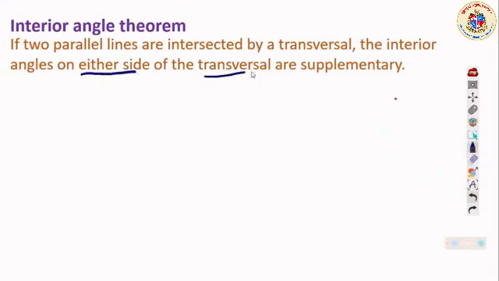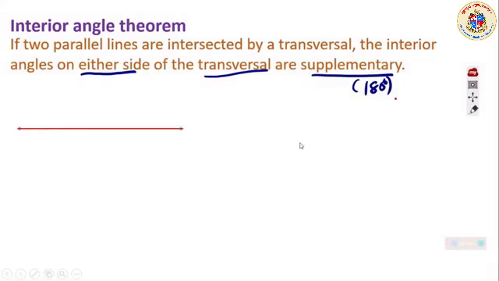Most important theorem, without which it was difficult to move ahead with the properties of parallel line and transversal. So the theorem is important. The theorem says if two parallel lines are intersected by a transversal, in such a situation, the interior angles on either side of the transversal are supplementary.